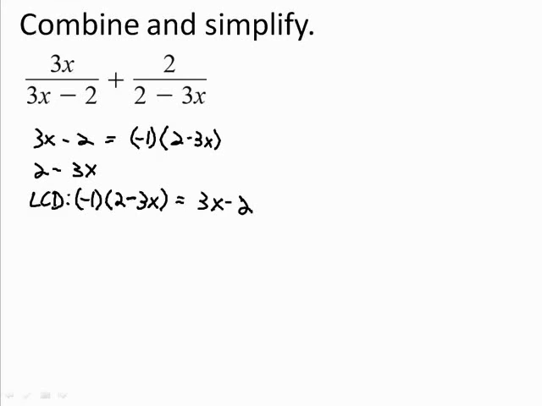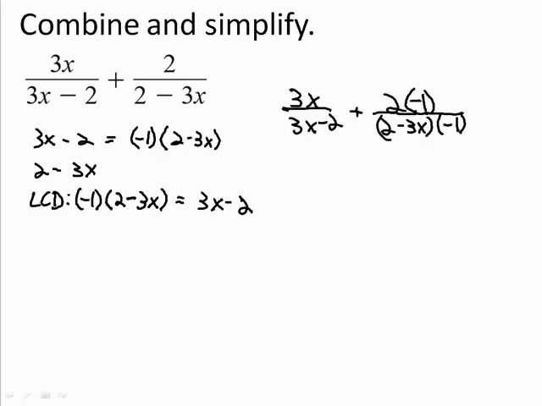Each fraction has to have this as its denominator. The first fraction already has this as its denominator. Multiply the second fraction by negative 1 divided by negative 1. 3x divided by 3x minus 2 plus 2 times negative 1 divided by the quantity 2 minus 3x times negative 1. Now that these two fractions have the same denominators, you can add the numerators.